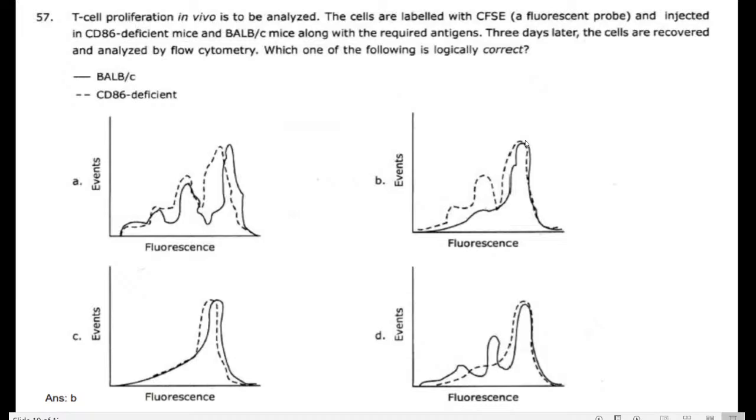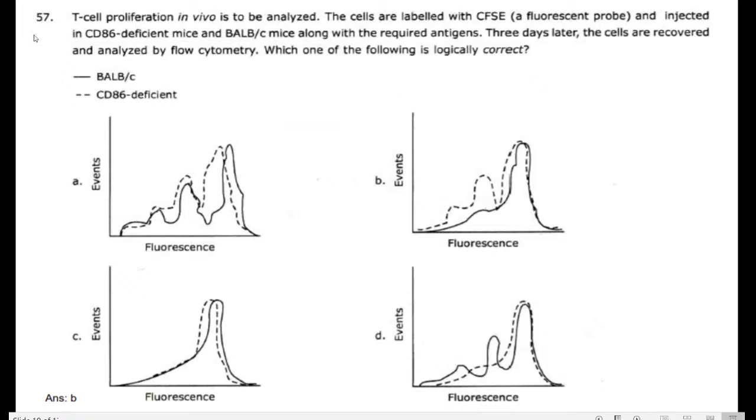Why? Because the cells are first labeled with fluorescence and injected into this kind of mice, and those mice specifically have some antibodies in their own body.